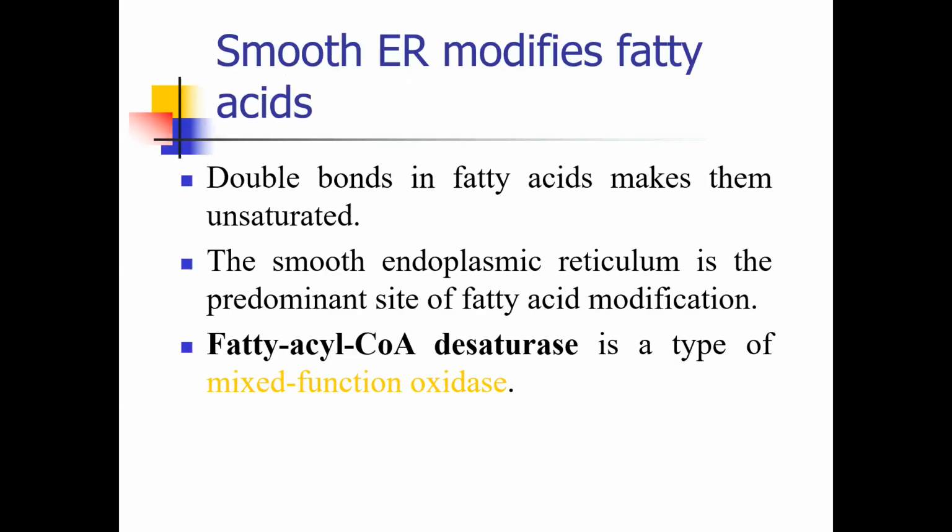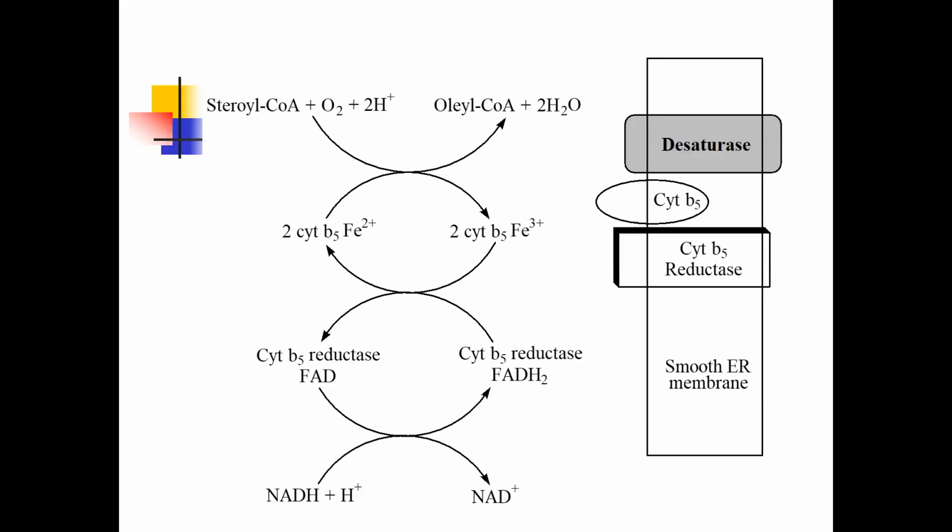The desaturase enzyme catalyzes this reaction here. It takes molecular oxygen. It takes 2 of the carbons from the fatty acid and gives those to molecular oxygen to make water.